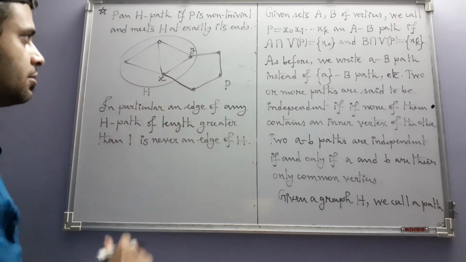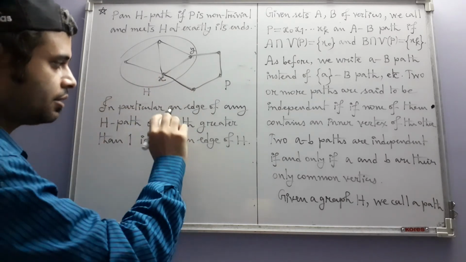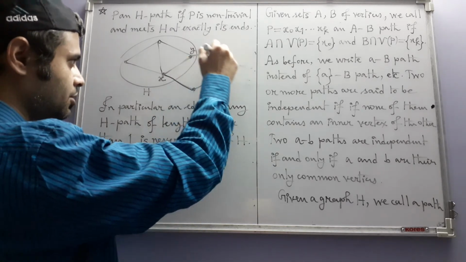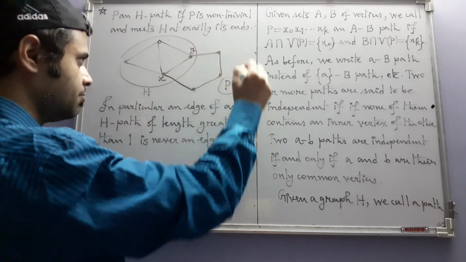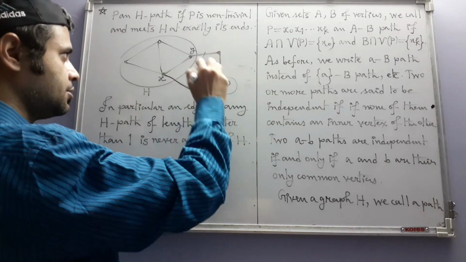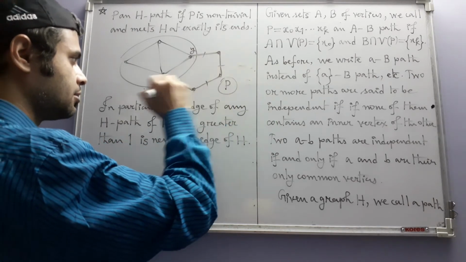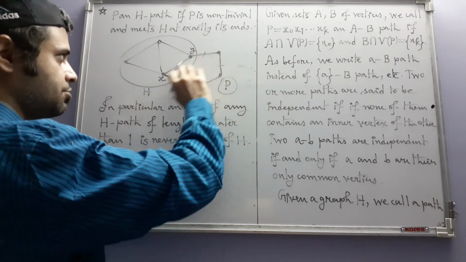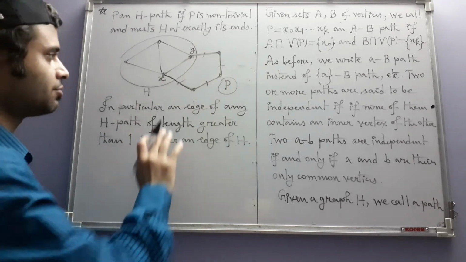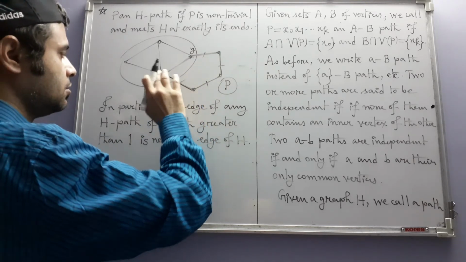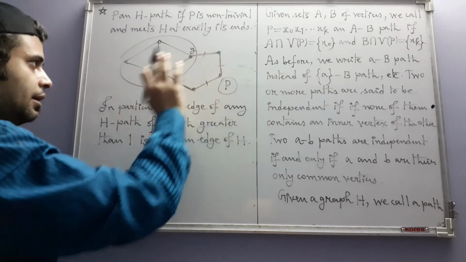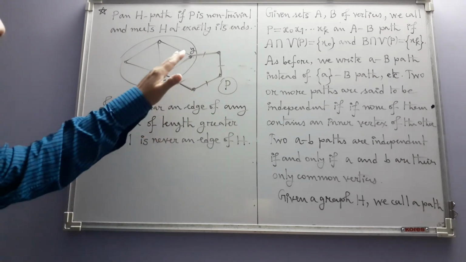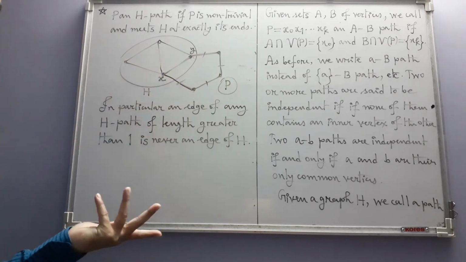So the path has to go outside of H and then again come back. In that case, no edge of the H path, for example, for this H path P, these are the edges. This is one edge, this is another, this is another, and this is another. No such edge can be an edge of H itself.